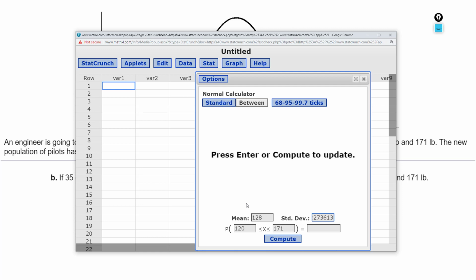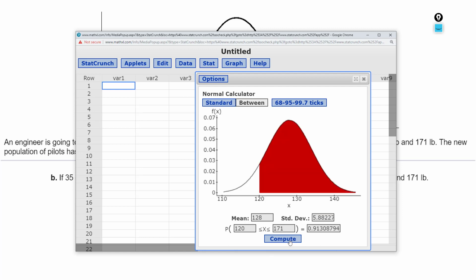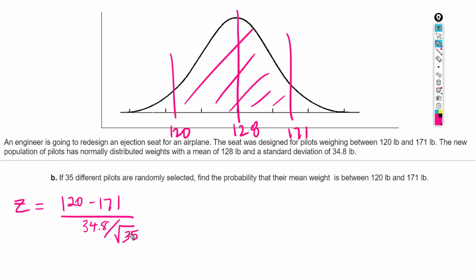You type in as much accuracy as you want, and I got 5.882, and I hit compute. And now you can see that probability is going to be a lot larger. So we take into effect when we have a sample size that we divide off our standard deviation, to make our standard deviation smaller, because now we actually have some information.